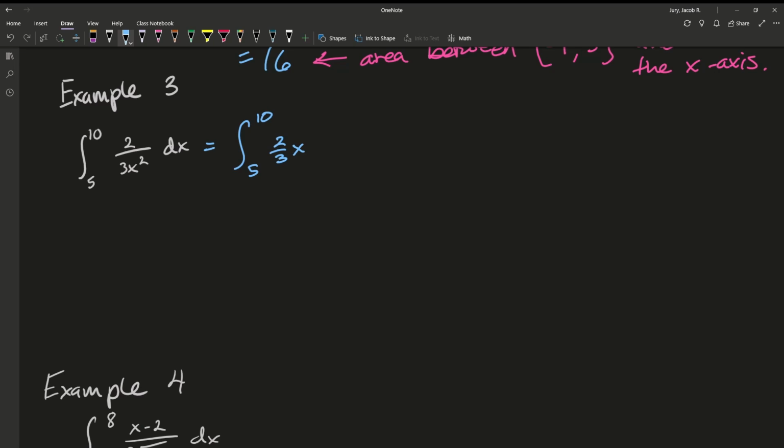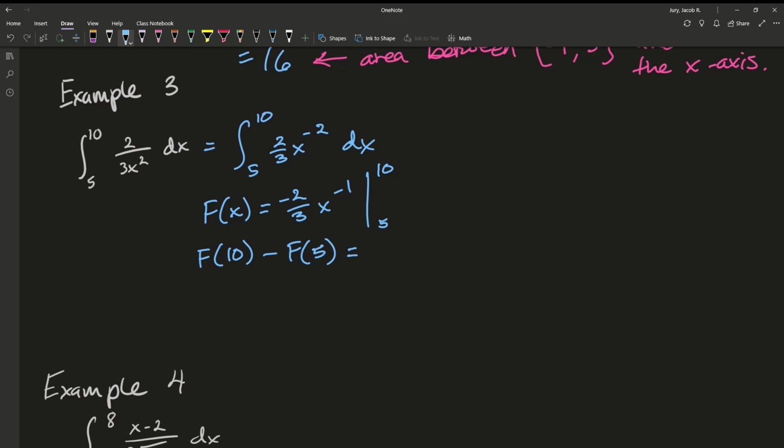I'm writing it so I can use the inverse power rule. And now I can maybe put that into my calculator or evaluate it by hand.